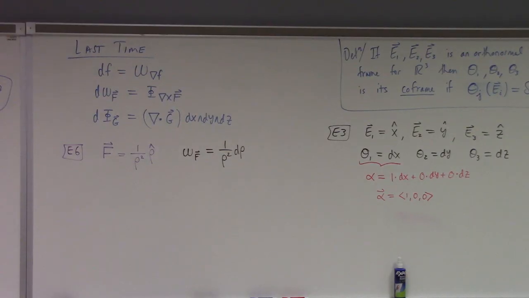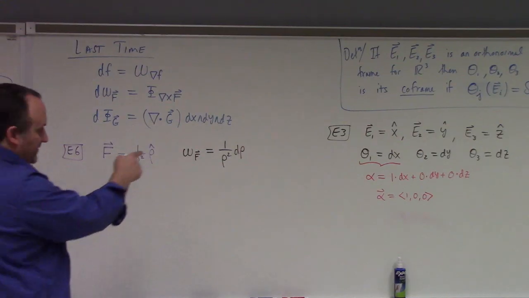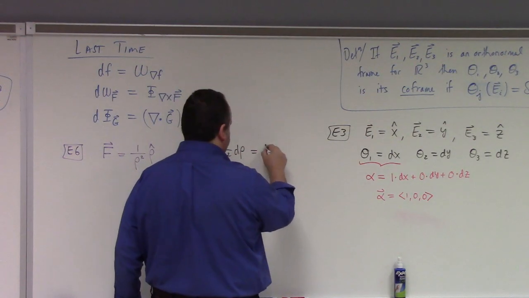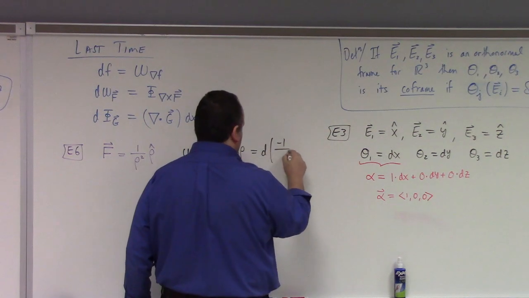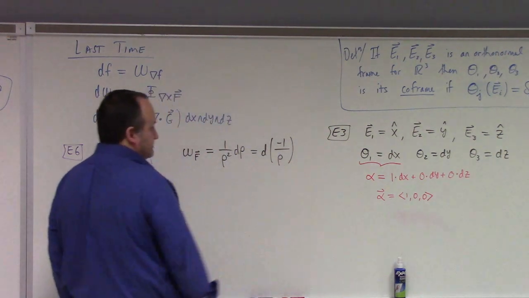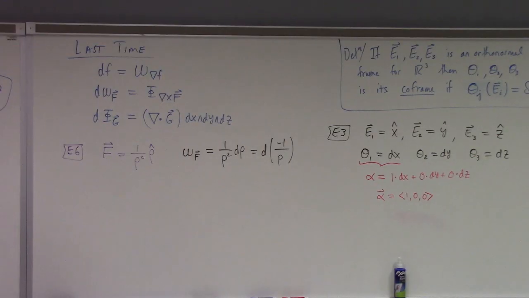You can do calculus at the level of differentials. This is the differential of minus 1 over rho. Because if you differentiate the reciprocal function, you get minus 1 over the squared function.